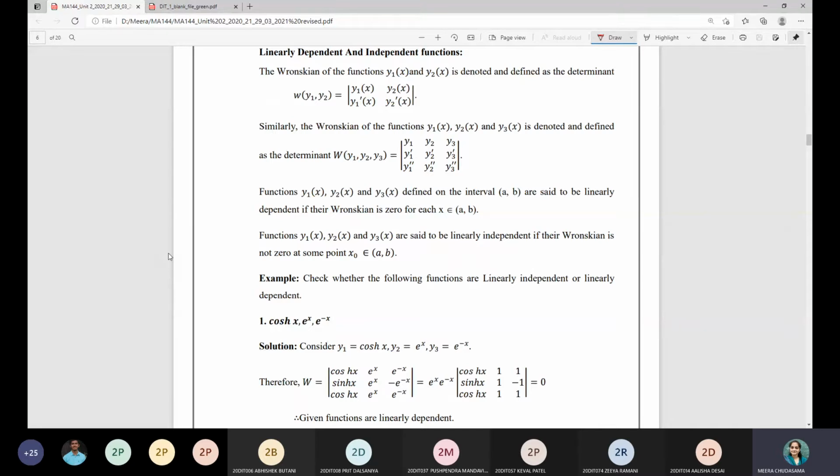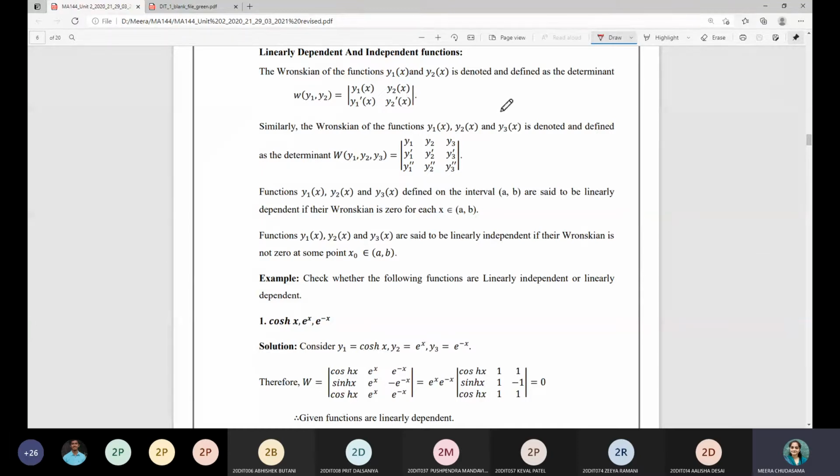Thank you. So, yesterday only we have met, no? Yesterday we have started with linear independence and dependence, which is required to have the solution. Whatever set of solutions we have, that has to be linearly independent in nature.